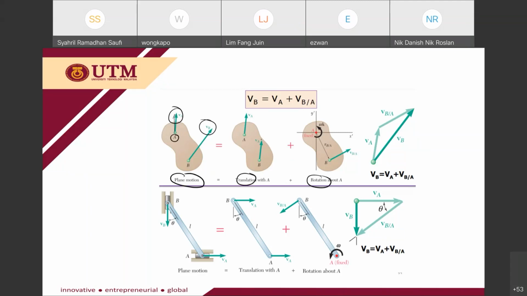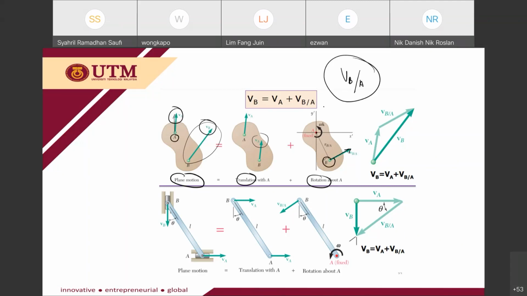So that's why you have VA. But at the same time, point B will tend to move in another direction that causes a rotation about point A. Due to this difference in velocity, it will tend to cause a rotation. So you may notice that point B will tend to rotate about point A.